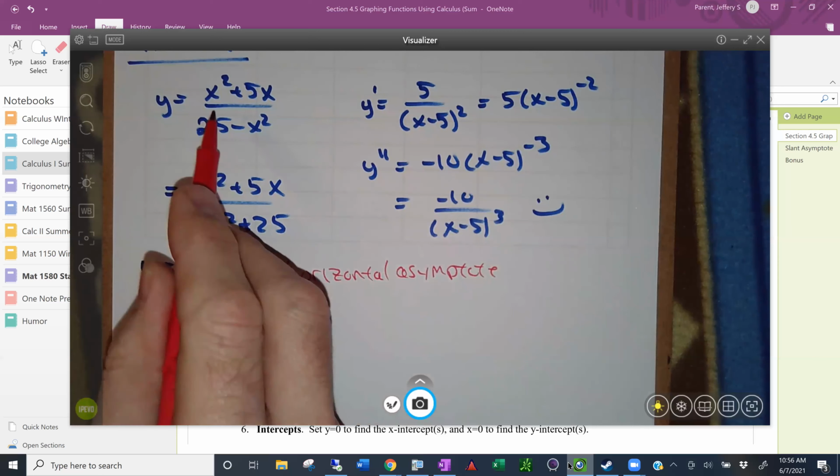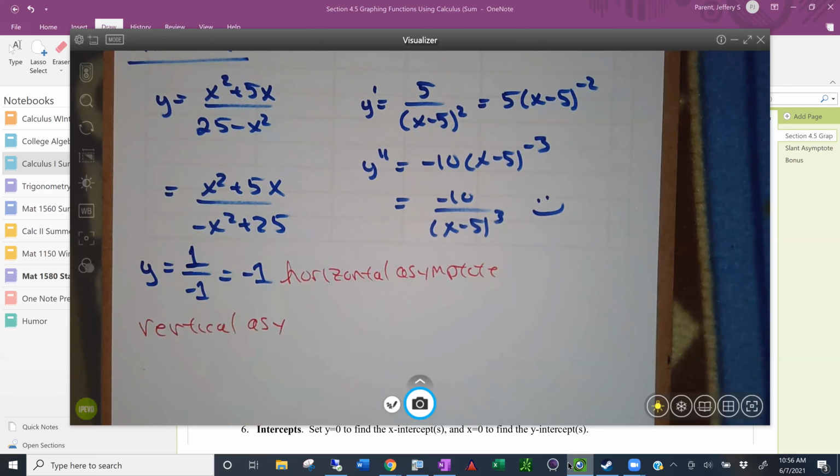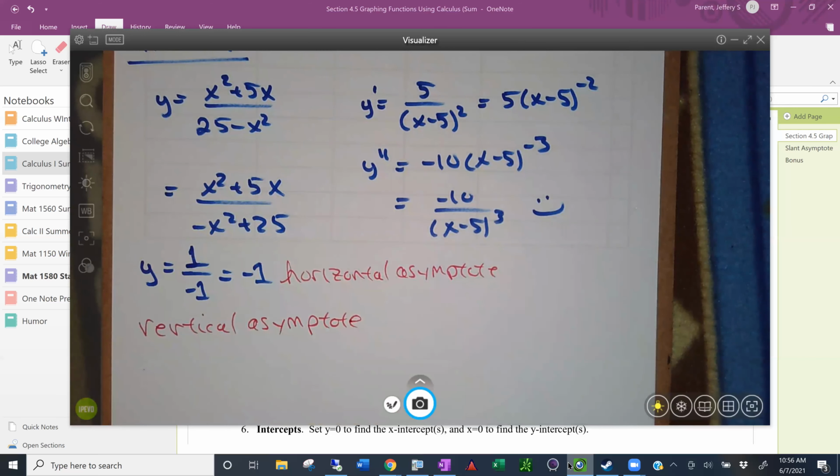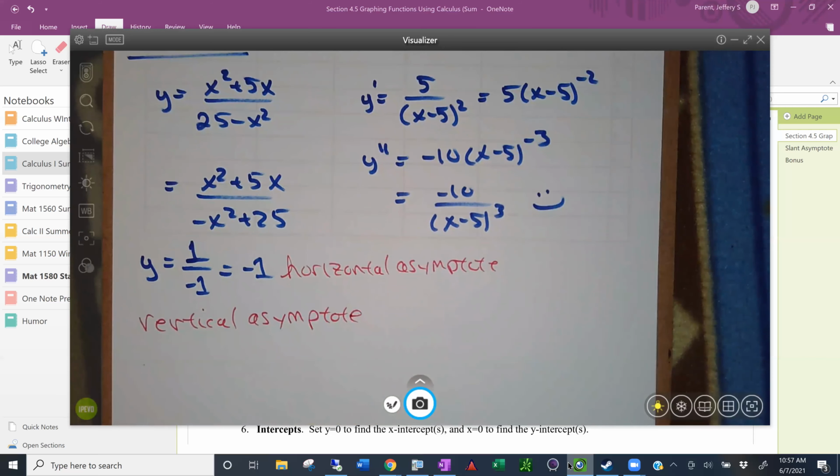When x equals 0 would tell you where the graph crosses the y-axis. So, I mean, setting x equals 0 is a good thing to do. So thank you. 25 minus x squared equals 0. Yeah, where the denominator equals 0, that's where you could get a vertical asymptote. So let's see about finding those points.